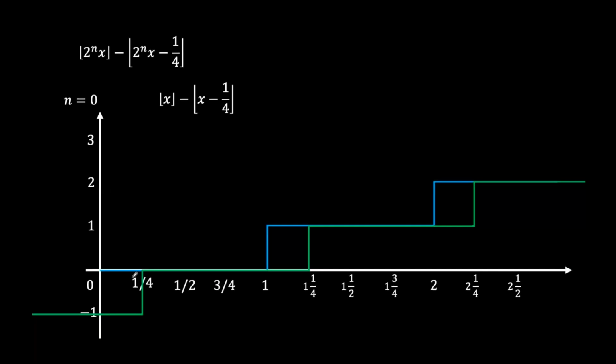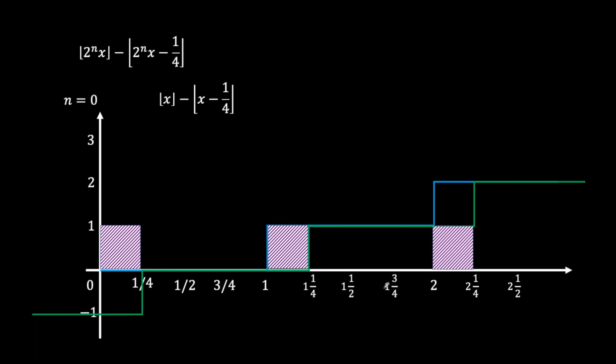Now the difference between the floor function of x and the floor function of x minus a quarter, from 0 to a quarter, will be 1. And then from 1 to 1 and a quarter, the difference will be 1. Otherwise, all the other places will have 0. And then between 2 and 2 and a quarter, the difference will also be 1.